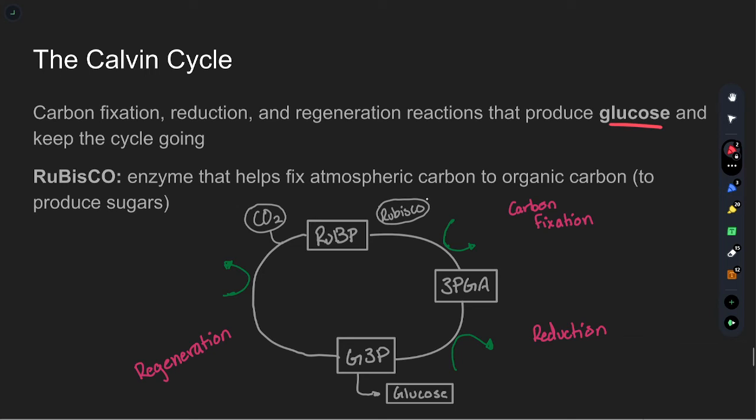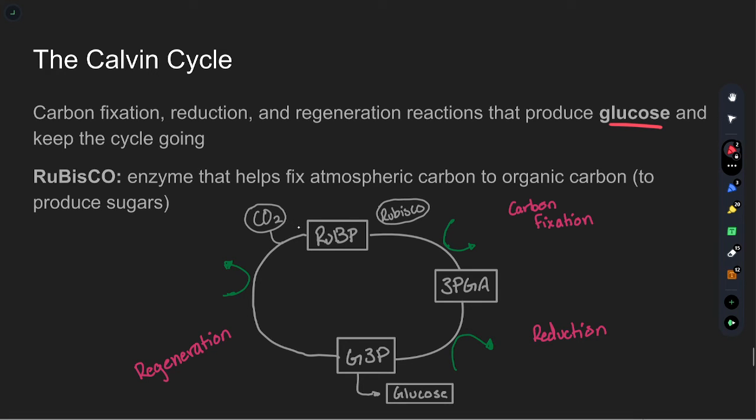This enzyme called rubisco, I actually am not going to say the full name of rubisco, but this is an enzyme that helps fix our inorganic atmospheric carbon to organic carbon and has a role in producing sugars. So rubisco catalyzes the reaction between CO2 and this compound, ribulose bisphosphate.